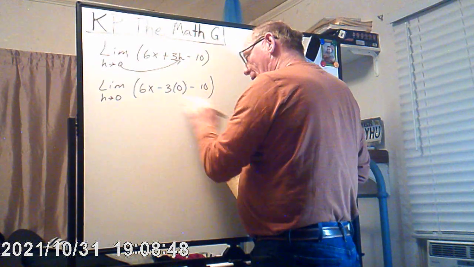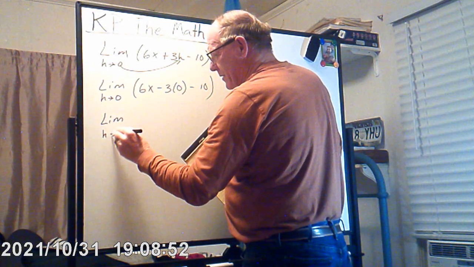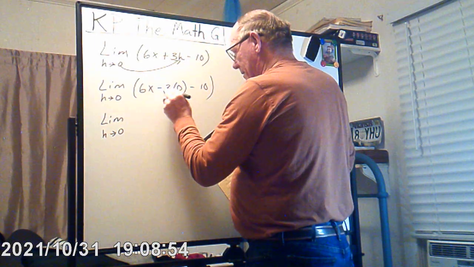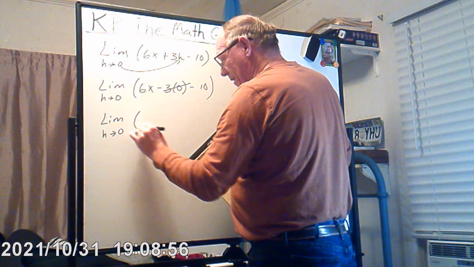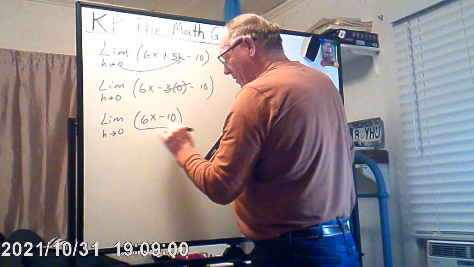As h approaches 0, this is gone, so now we're just left with 6x minus 10. And that's all we can do.